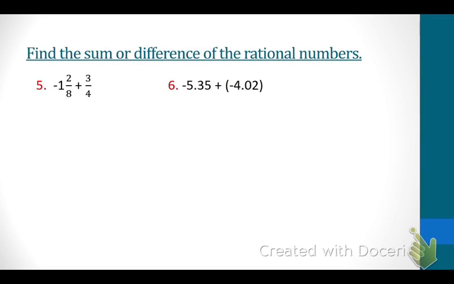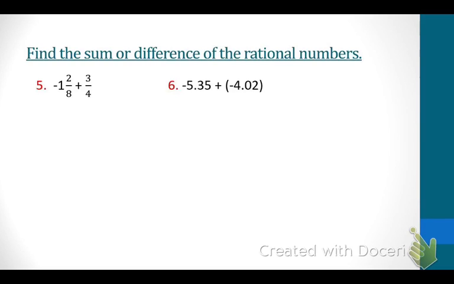All right, the next one, find the sum or the difference of the rational numbers. Remember, a rational number is when we have a fraction or a decimal. So what should I do first, Isaac? What you do first is turn the negative 1 and 2/8 into an improper fraction.